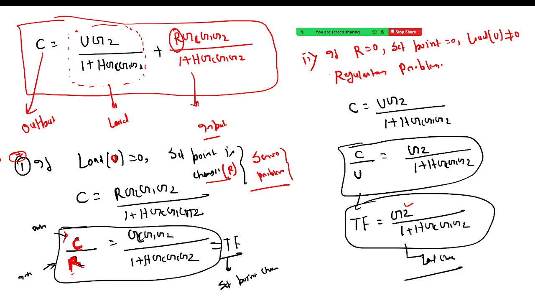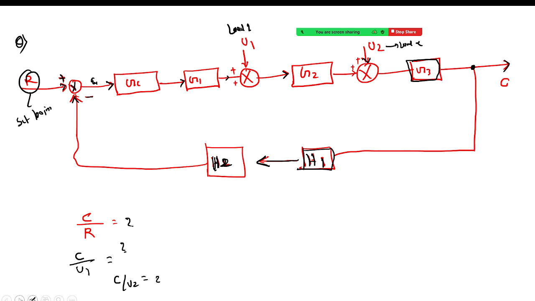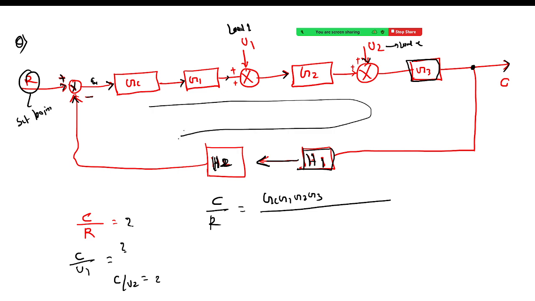So C by R equals the multiplication of all the upper path, GC G1 G2 G3, divided by 1 plus GC G1 G2 G3 H1 H2. This is your C by R.